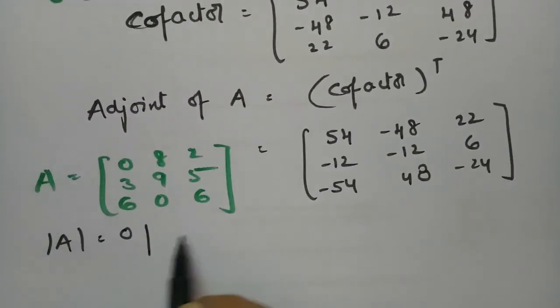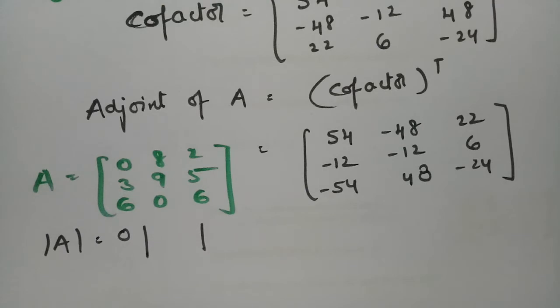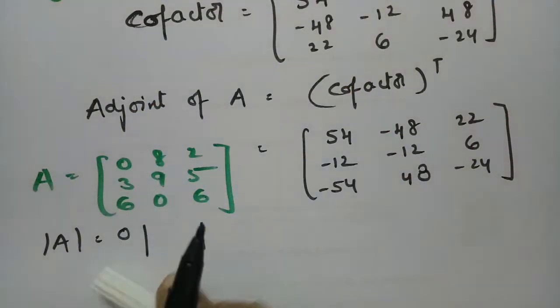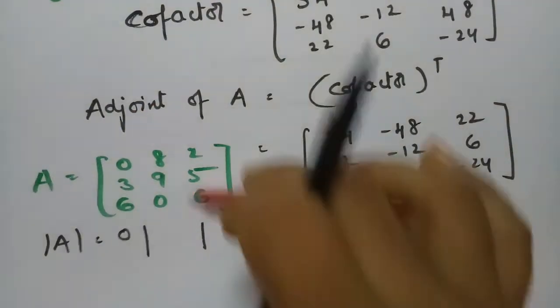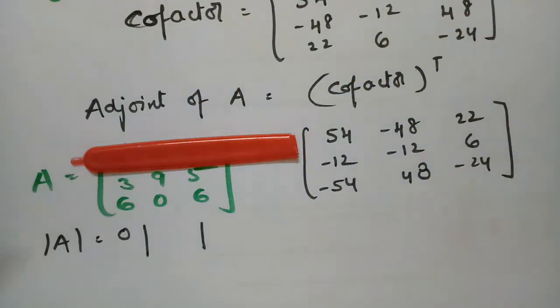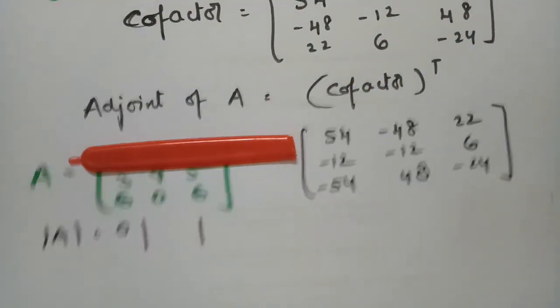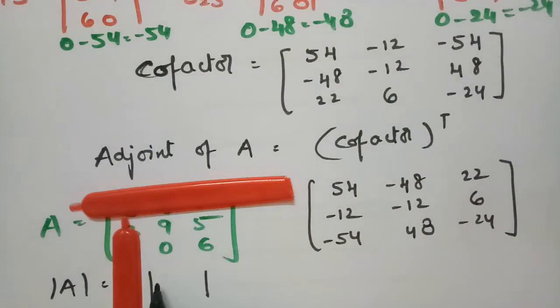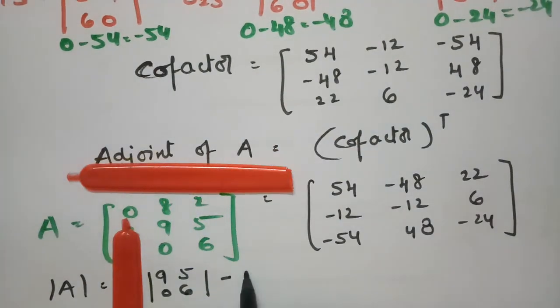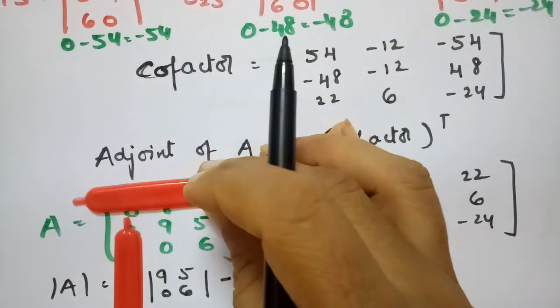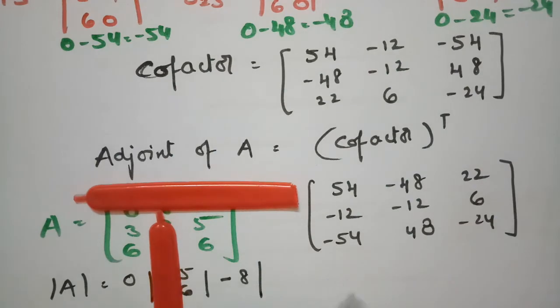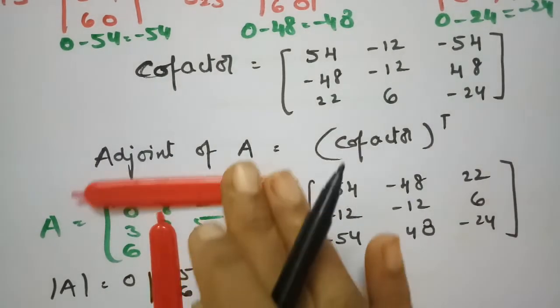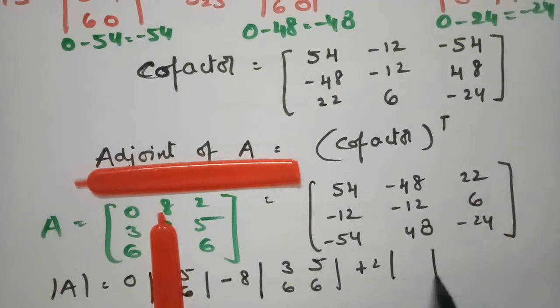So for 0 into modulus of, we have to close this row as well as this column. See what remains here: 9506. And for the middle one I have to write minus 8, and again I have to close this row and column. So this is 3566, and the next one here is plus 2 times of.